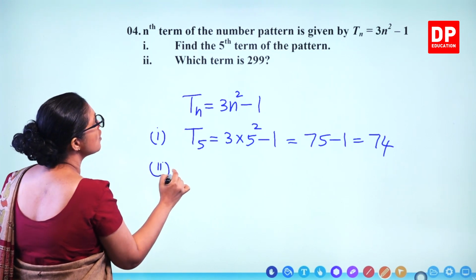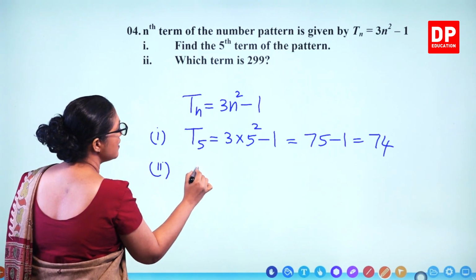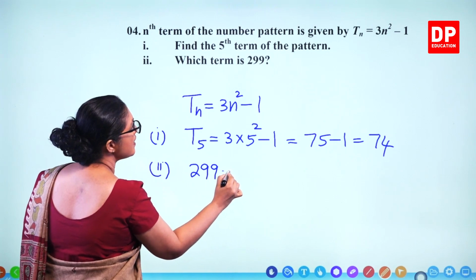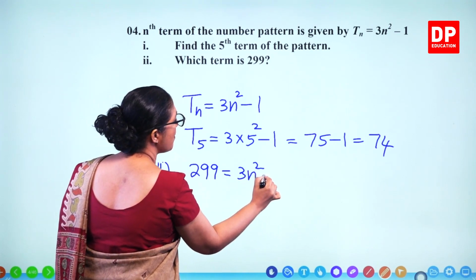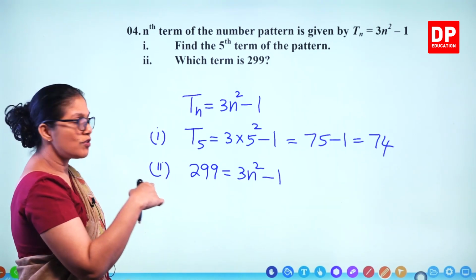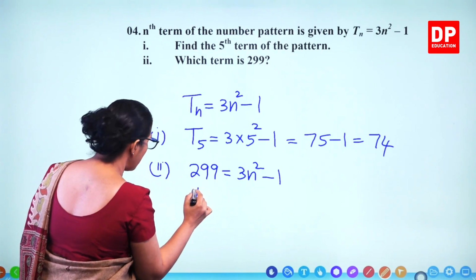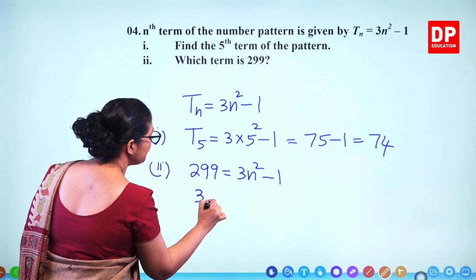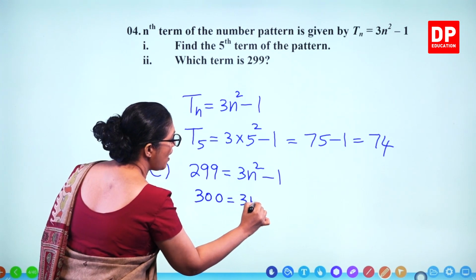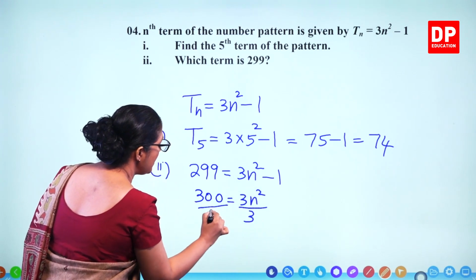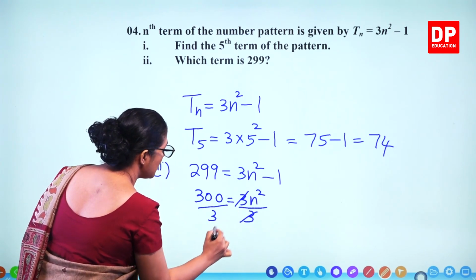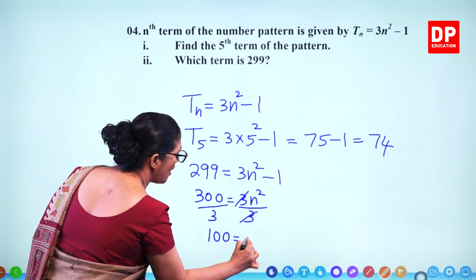Part 2. Which term is 299? So 299 is equal to 3n squared minus 1. Take 1 to the other side. That's 300 equals 3n squared. Divide by 3. You get 100 equals n squared.